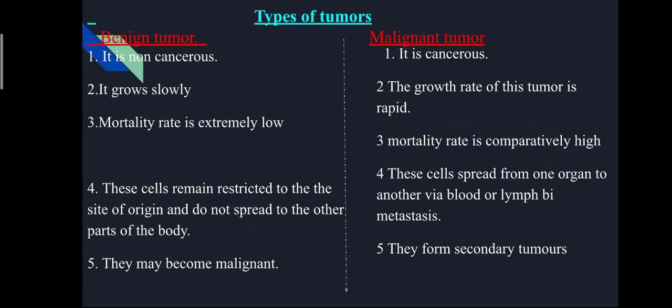Therefore, it becomes malignant. Then the next type, that is the malignant tumor, or simply it is known as cancer. The growth rate of this tumor is rapid and mortality rate is comparatively more than the benign tumor. म्हणजे मृत्यूचं प्रमाण जे आहे ते मॅलिग्नंट ट्युमरमध्ये बेनाईन ट्युमरशी कंपेअर केलं तर जास्त आहे.